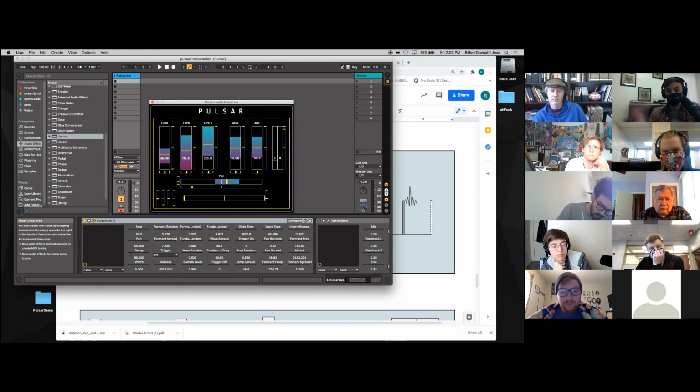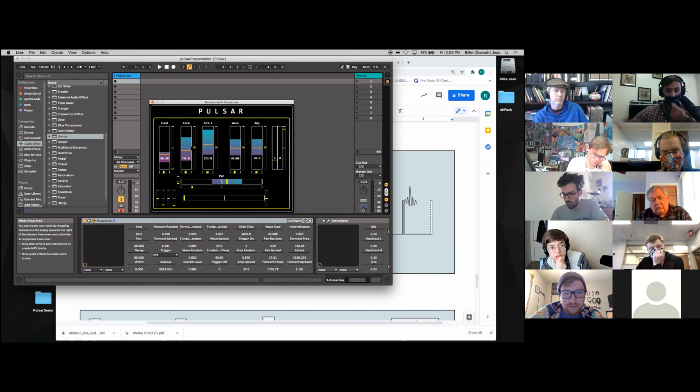Yeah, so we have stochastic waveforms here now too. Obviously, we have stochastically generated formant frequencies and fundamental frequencies. And I've mapped these to my mod wheel. And now, when I play, well, here, I'll start with no randomization. When I play a note, it'll be nice and constant. Get rid of the intermittence.